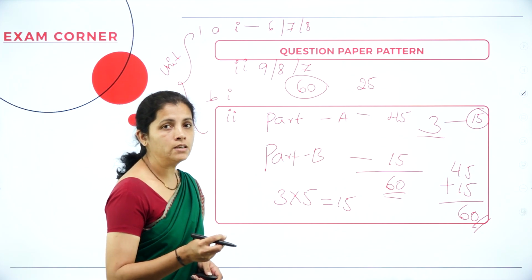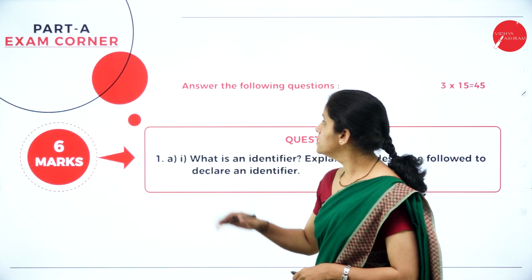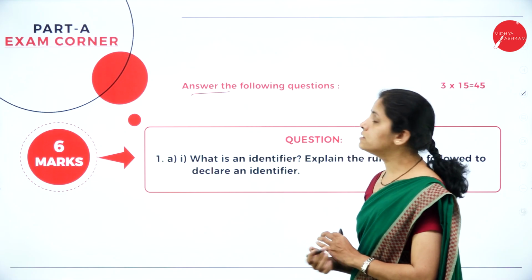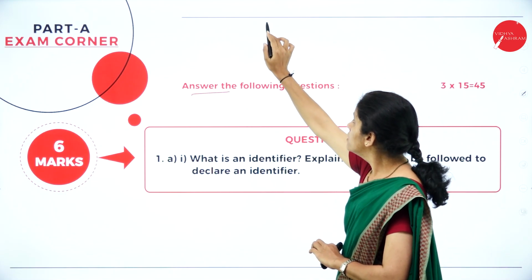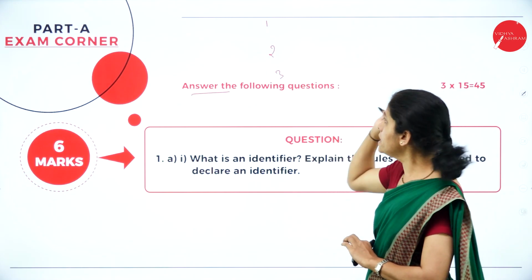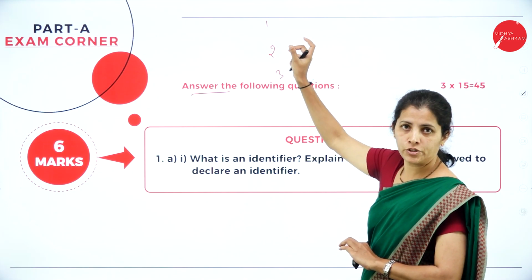So dear student, let me start with the question paper now. See here, this is my part A. Answer the following questions. So I have 1, 2 and 3. From each unit, I'm going to get one main question.